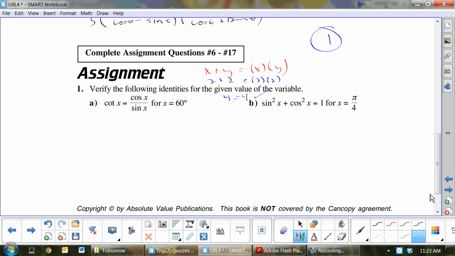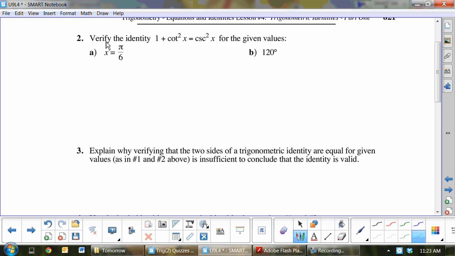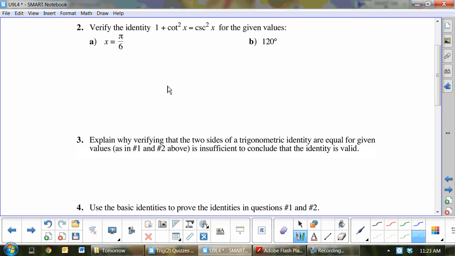Not always. Like when you get to this assignment over here, and you try pi over 6 and 120, it says, is this sufficient to include the identity as valid? If you try some other identities or other numbers, you may see it doesn't work. But I could go about this one maybe using proofs to see if it works or not.